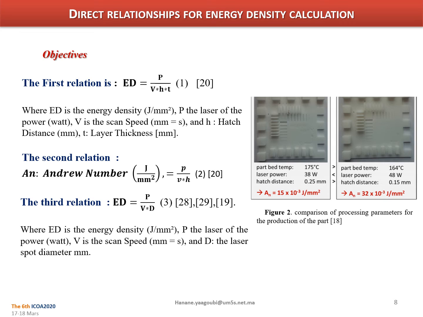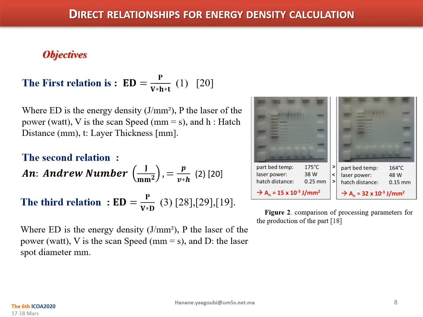In the second relation, we have just the laser power, the scan speed and the hatch distance as variables. But in the third relation, ED is the energy density, of course, P is the laser power, V is the scan speed, and the difference is D, which is the laser spot diameter.